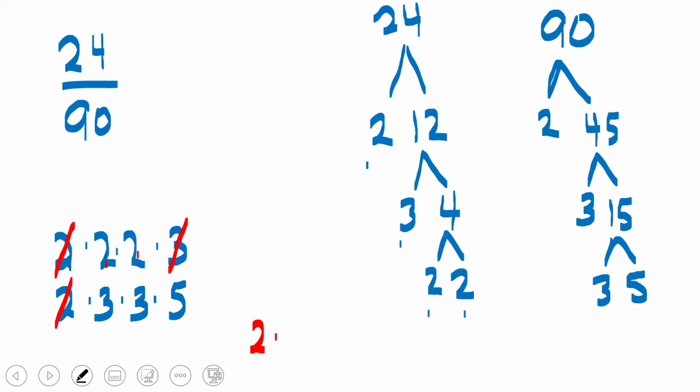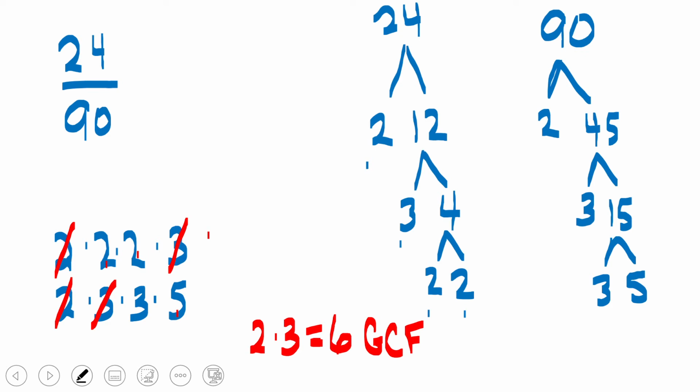We have a common prime factor of 3 in both numbers here. And we don't have a common 5 in both numbers, so we leave that alone. We only have 2 and 3 that we can multiply to be common at 6. We have just found the greatest common factor of 24 and 90.